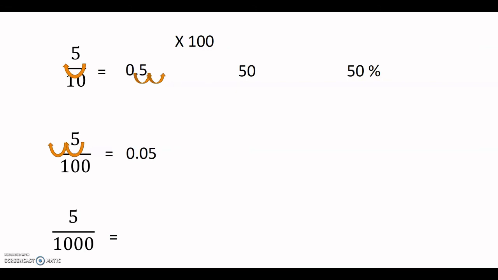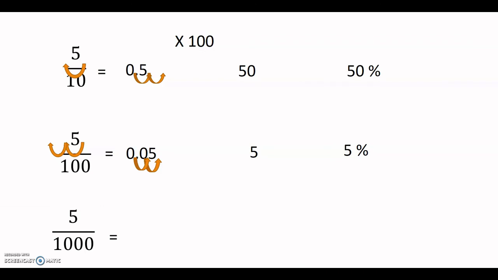So we will move 2 places to the right. To get the decimal, move to the left. And to get the percentage, move to the right. So here we have 0.05, and the percentage is 5%.